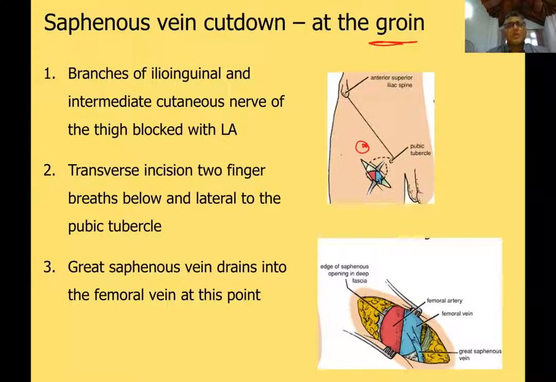Here, the nerve branches that are blocked are the ilioinguinal nerve branches, which are medial to the genitofemoral branches. And again, the incision here is taken from a different point. It's not from the inguinal ligament; you take it from the pubic tubercle. You take 2 finger breadths below and lateral to the pubic tubercle in this case. That is the point where the great saphenous vein enters the femoral vein.